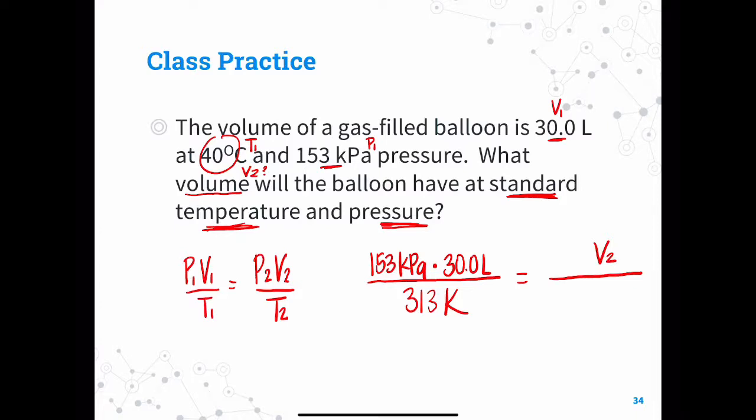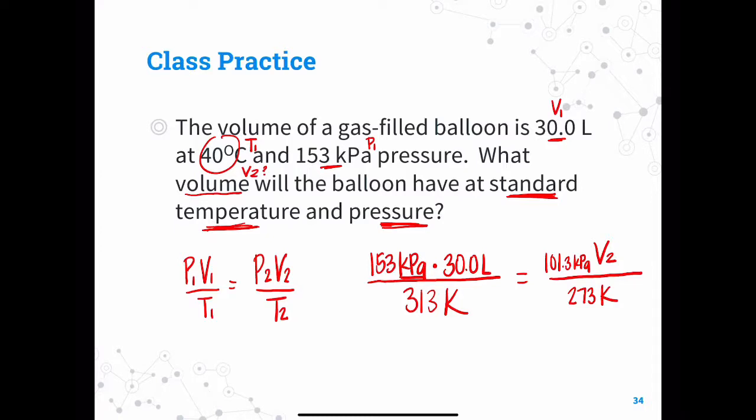Well, we're dealing with kPa here, so we know that standard pressure in kPa is 101.3 kPa. Standard temperature is 273 K, and so we'll put in 273 K.